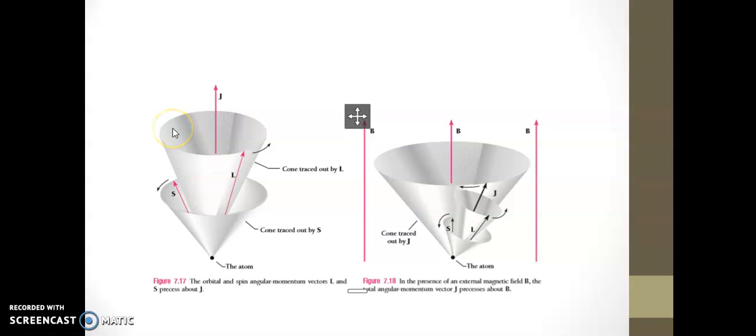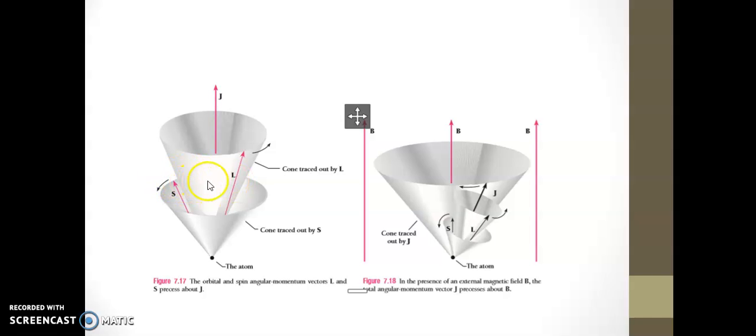Similarly, on the vector model, in the absence of a magnetic field, this angular momentum vector L precesses around J, and also this spin angular momentum vector precesses around J. രണ്ടും ഡിഫറെന്റ് കോണിലായിരിക്കും. അതിന്റെ നമുക്കറിയാം മാഗ്നിറ്റ്യൂഡും അതിന്റെ ഓറിയന്റേഷൻ അനുസരിച്ചാണ് ഇത് എക്സിസ്റ്റ് ചെയ്യുന്നത്. അപ്പൊ അതിൽ LZ ML ക്രോസ് H ആകുന്ന രീതിയിലാണ് L വരുന്നത്.